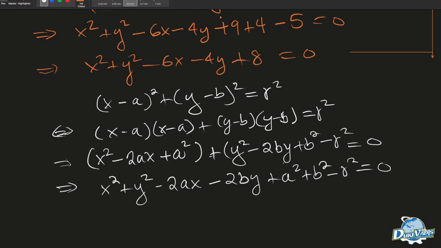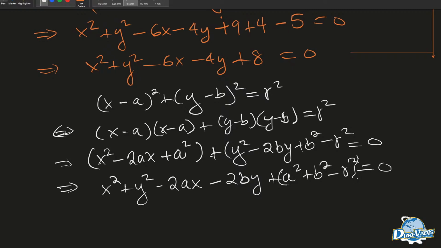You see this term over here, we can do something about it. Let's say c is equal to a squared plus b squared minus r squared.